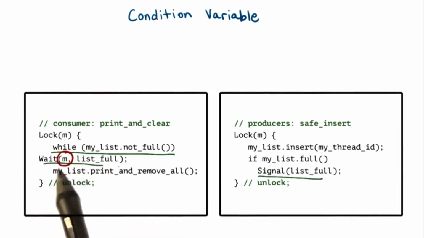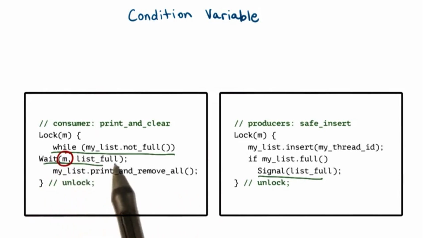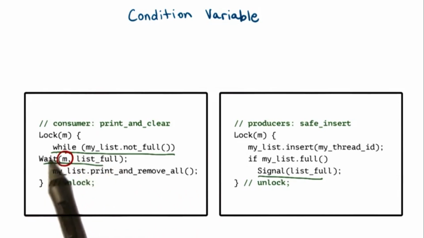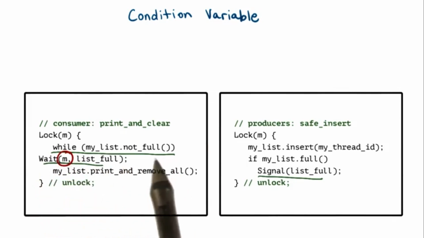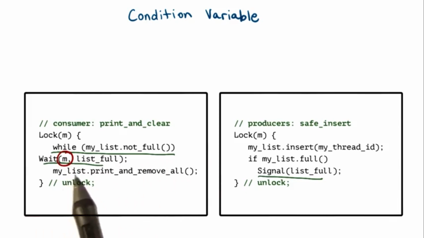So when a consumer sees that it must wait, it specifies the condition variable that it must wait on, and the wait operation takes as parameters both the condition variable as well as this mutex. Internally, the implementation of the wait must ensure the proper semantics. So it must ensure that the mutex is released, and then when we're actually removed from the wait operation, when this notification is received, we have to reacquire the mutex.